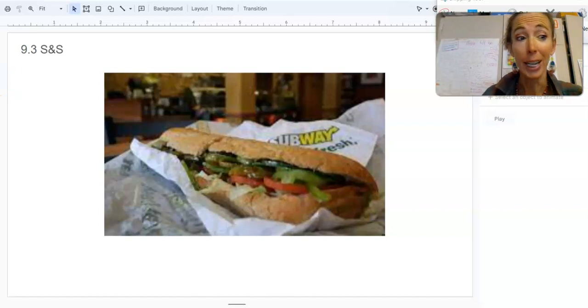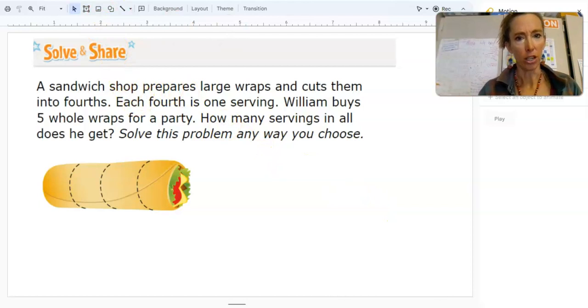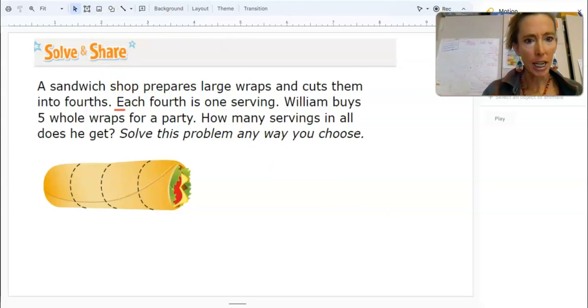All right, I'm starting in. The solve and share, burritos. So imagine a burrito. Well, actually, it's a wrap, sorry. A sandwich wrap that the serving size is not one whole wrap. In this case, I would have underlined that each fourth is 1 serving.